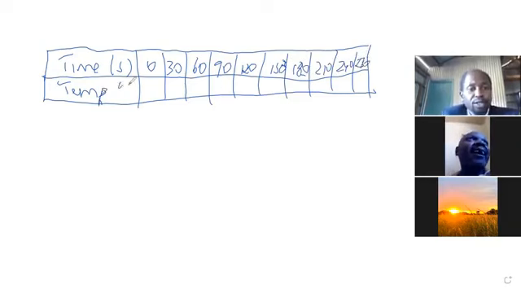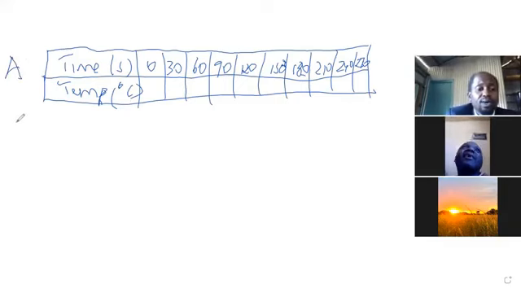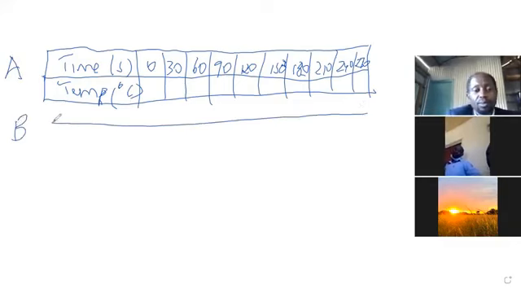So temperature, degrees Celsius. I hope it's legible. Time in seconds: 0, 30, 60, 90, 120, 150, 180, 210, 240, and 270. So I'll just call that table A. Another one, table B, on rates.